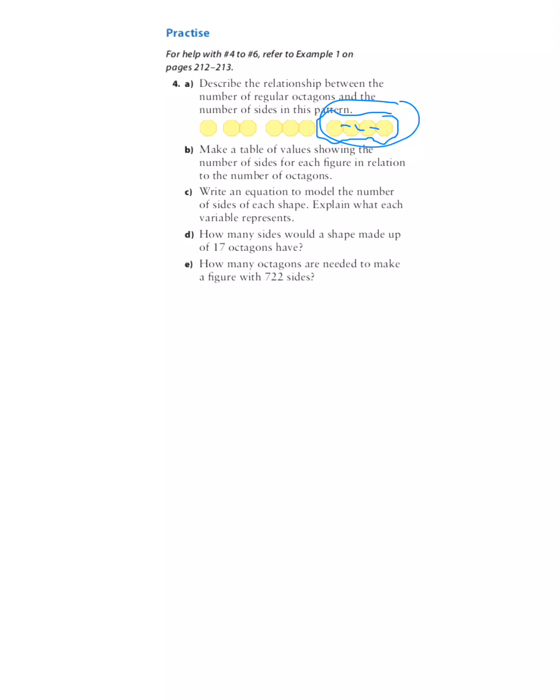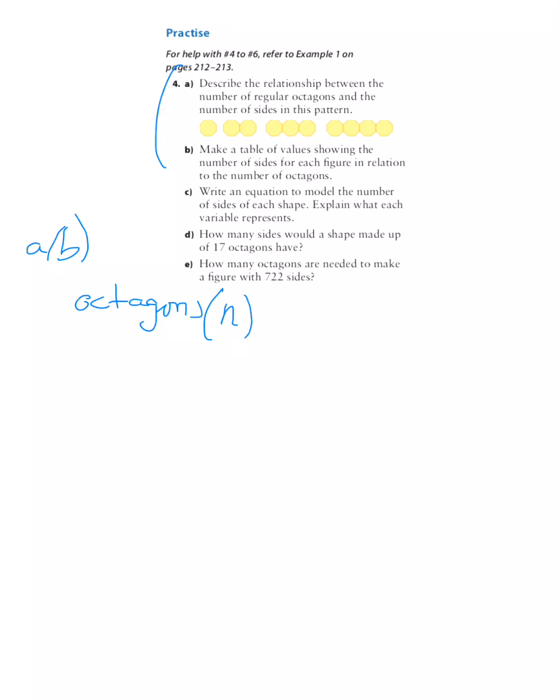Okay, so let's do this together here. And sometimes it's easier to do A and B at once. Let's make a table. So the number of octagons, so this is A slash B. I'm actually going to call this N for the number.